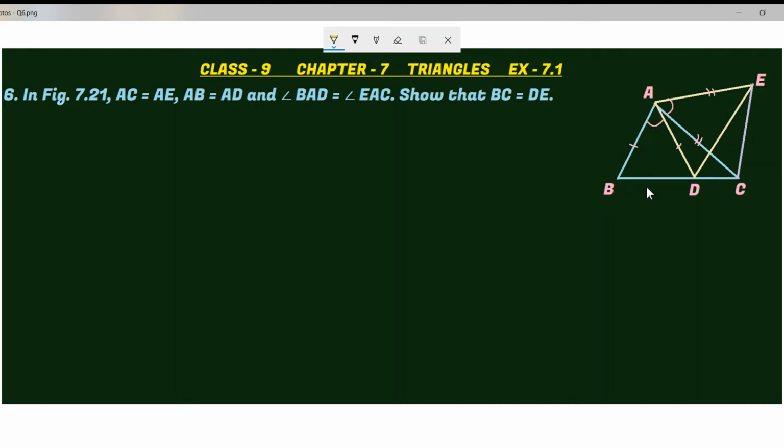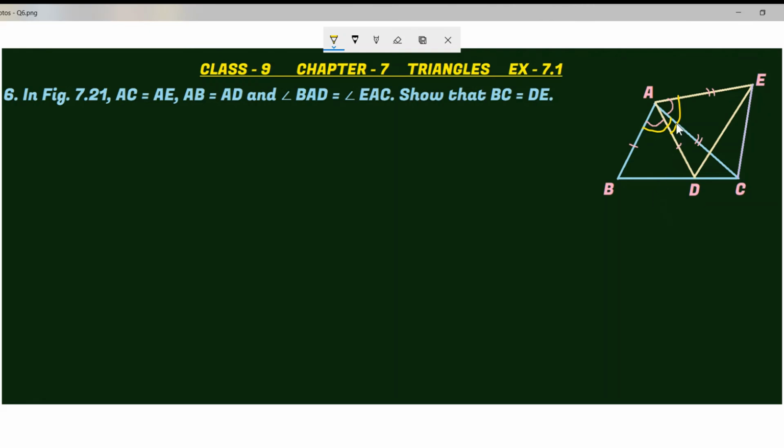You can clearly understand because I have given different colors for these two triangles. Got it? Now we have to prove this angle is equal to this angle. If we prove that, then according to side angle side, these two triangles are congruent, and BC and DE are corresponding parts of congruent triangles.